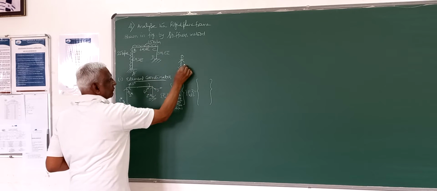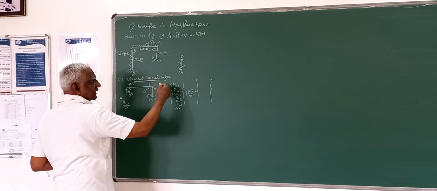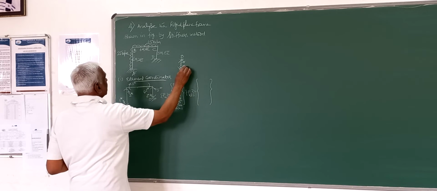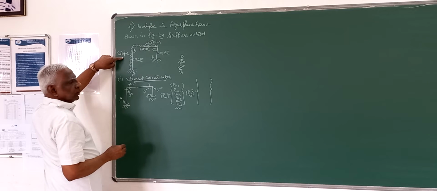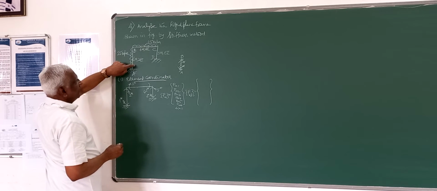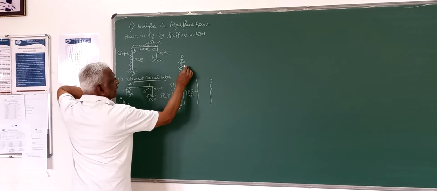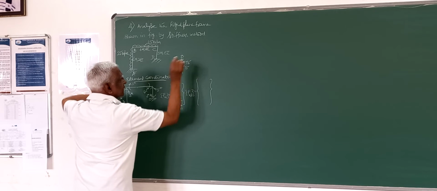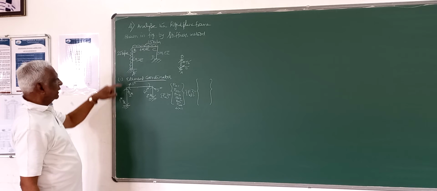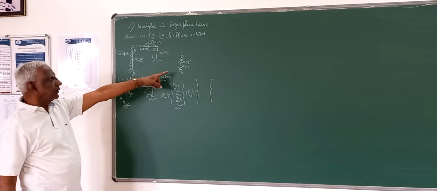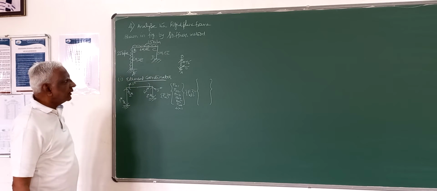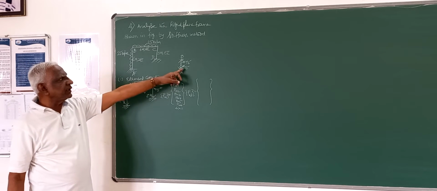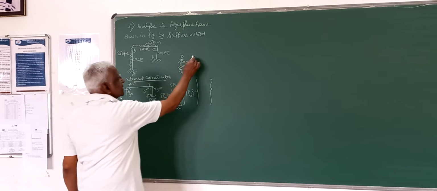Here, it is clockwise. So this moment is WL squared by 12, that is 25 into 6 squared by 12, that is 75. Here also it is 75. Corresponding to coordinates 1 and 2, the fixed end moments due to the load are 75 and 75.